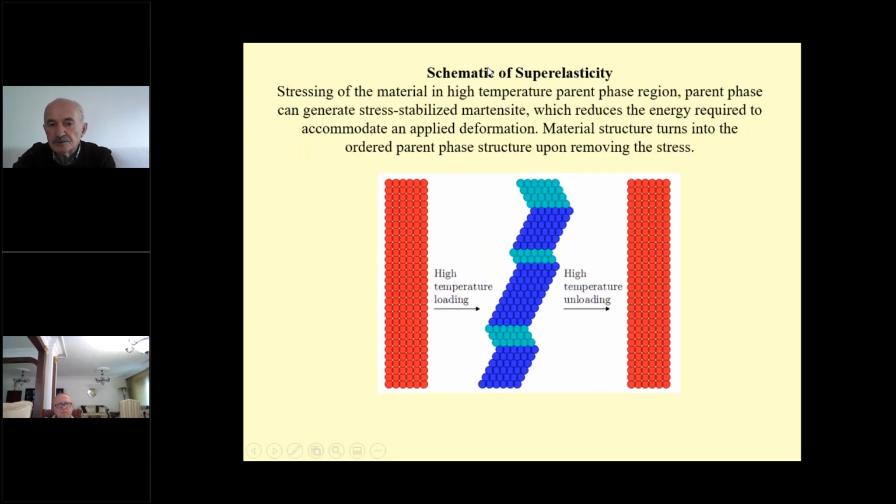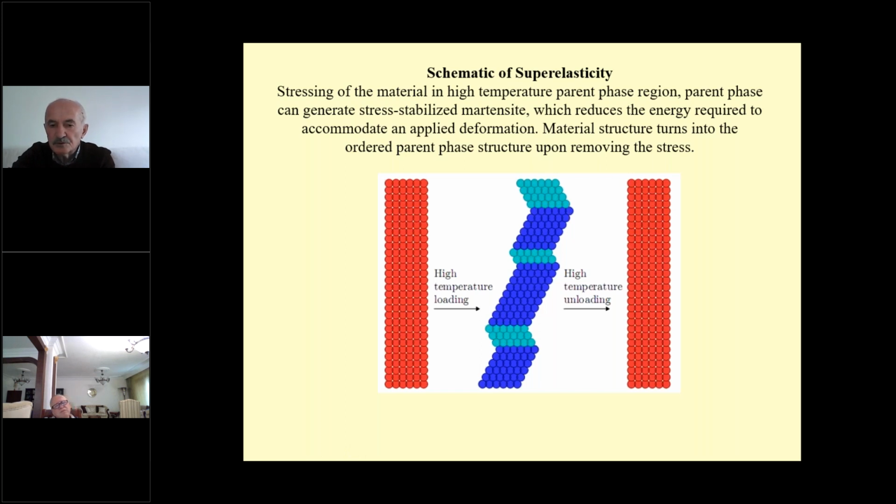This is the schematic of superelasticity. In the superelasticity, materials are stressed within the elasticity limit in the parent phase region, and the ordered parent phase structure turns into the detwinned martensitic structure by means of stress-induced martensitic transformation.